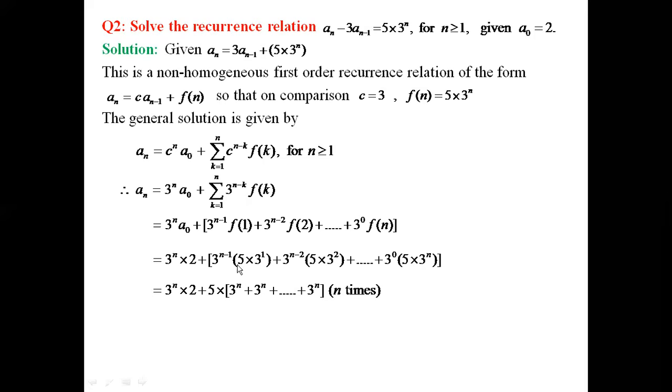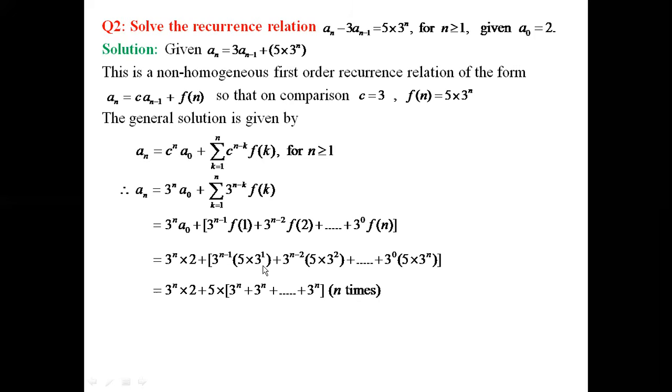We observe 5 is a common expression in each of these terms. So I take 5 common. And we simplify these powers of 3 using a basic property. When the bases are same in a product, the powers are added. So I have 3 power n minus 1 into 3 power 1.